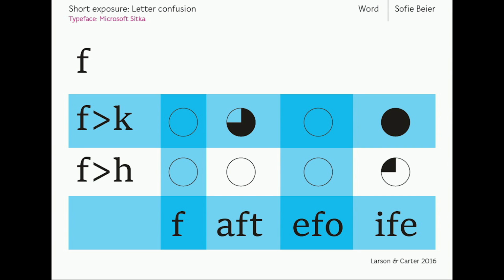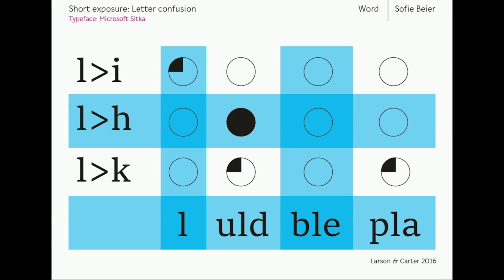So in this case, it's the F. So if you understand the slide here, we're looking at the F. So we look at the F in isolation here, and an empty circle means that there was no misreading for H or K, and a full circle means that there were a lot of misreadings. So alone, there was no misreading for those, but when there was a T afterwards, there were a lot of misreadings for K, and when there was an E afterwards, there were even more misreadings for K. So an F is not just an F, it depends on the situation or the surroundings.